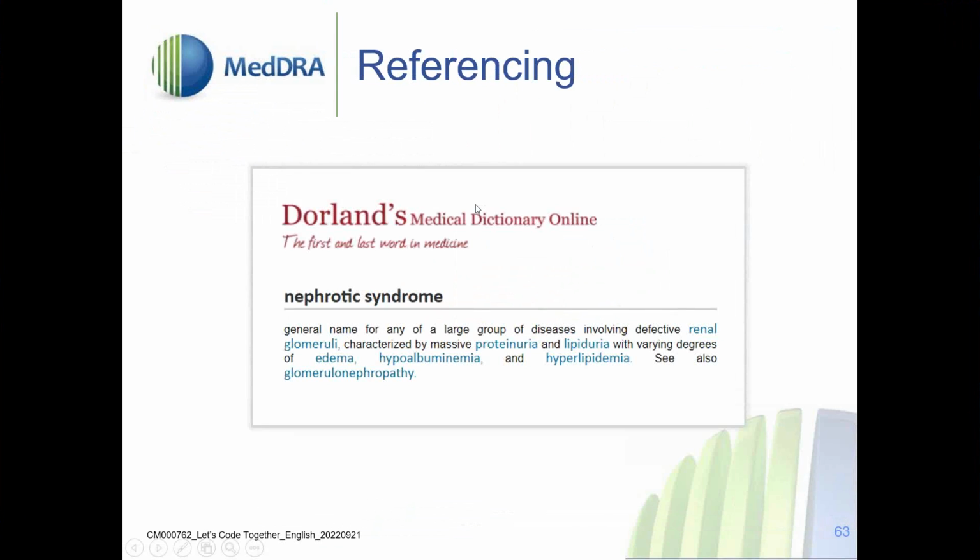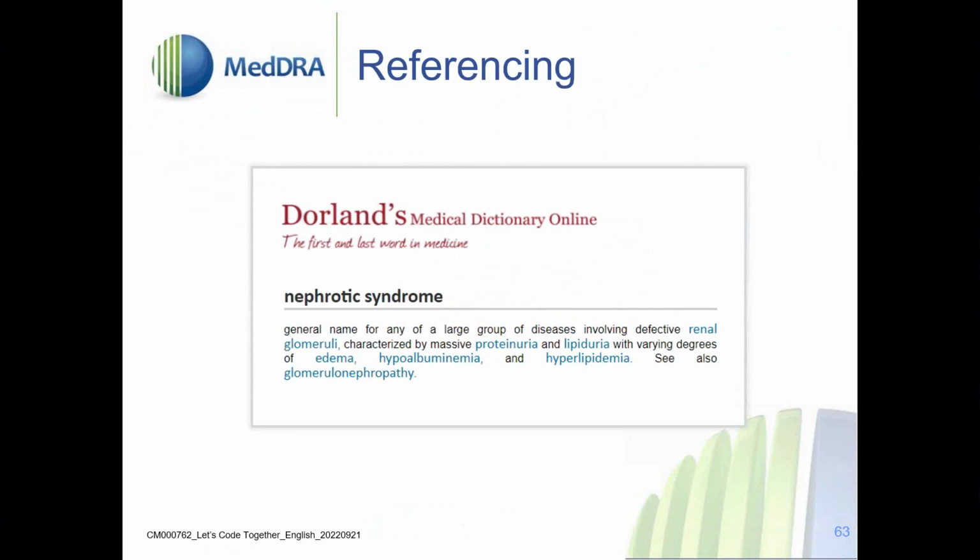And if we look into the Dorland's again, the main reference for MedDRA as well, it's a primary reference for MedDRA. Nephrotic syndrome is a general term for any of the large group of diseases involving defective renal glomeruli, characterized by massive proteinuria, lipiduria, and varying degrees of edema, hypoalbuminemia, and hyperlipidemia.